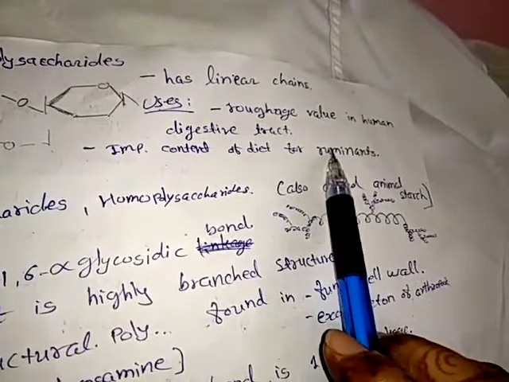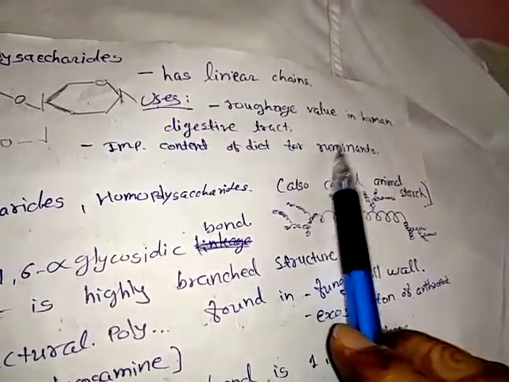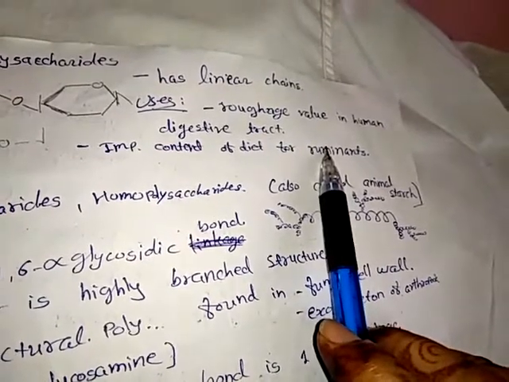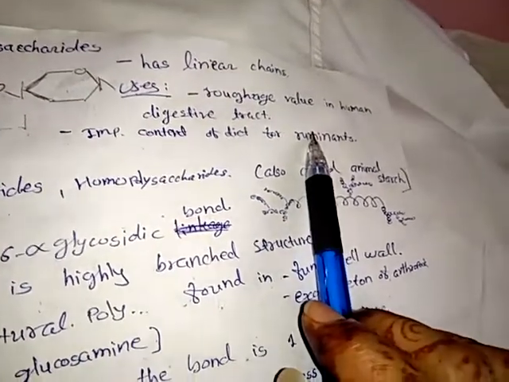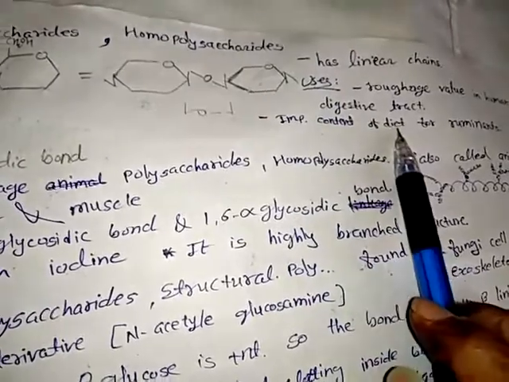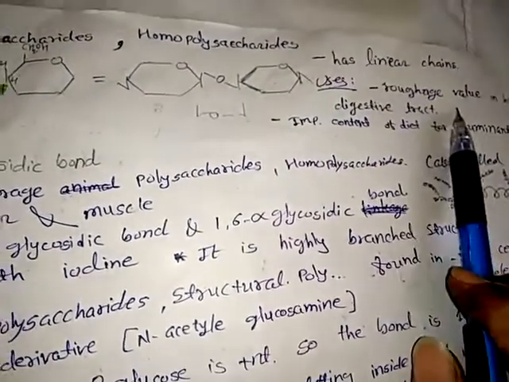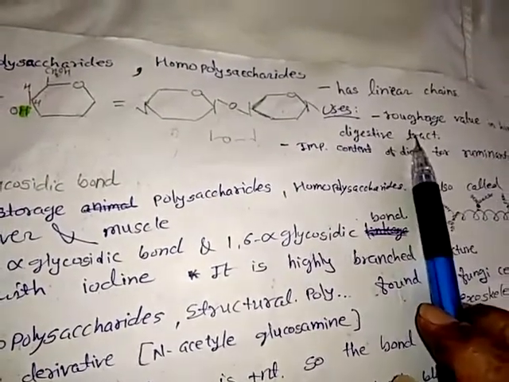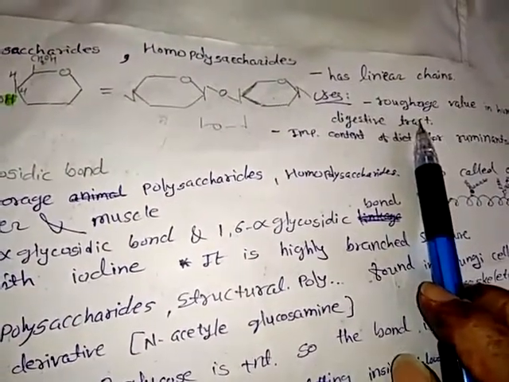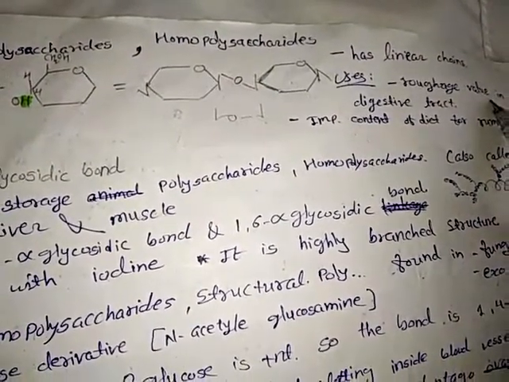The gut of these ruminant animals has microbes or bacteria which show symbiotic associations, meaning they produce cellulase to digest cellulose. So it's a very important content of diet for ruminant animals, and in humans it's just a high reference value, meaning it helps in removing constipation.